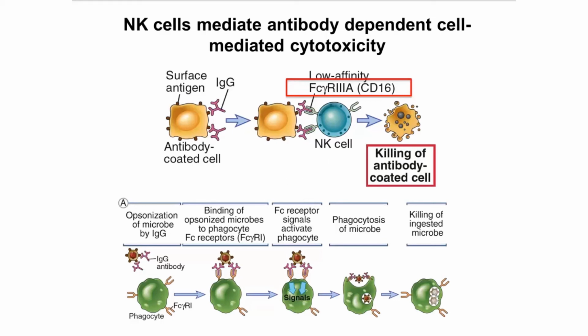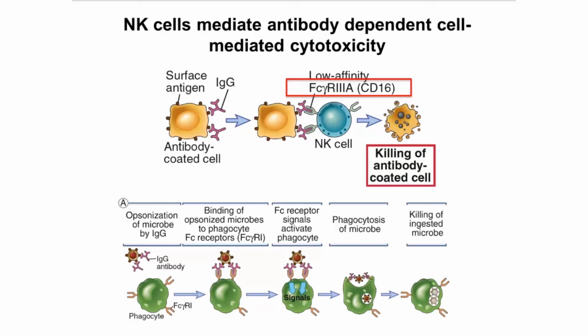Now, other cells mediate ADCC as well. NK cells can do this. Macrophages, eosinophils, even neutrophils can do this, but they're very inefficient because they don't make perforin and granzymes that the NK cell does. So it's got the most powerful killing molecules for killing a nucleated cell. It's designed to do that.